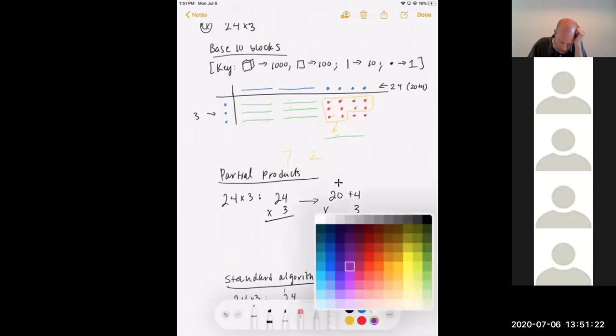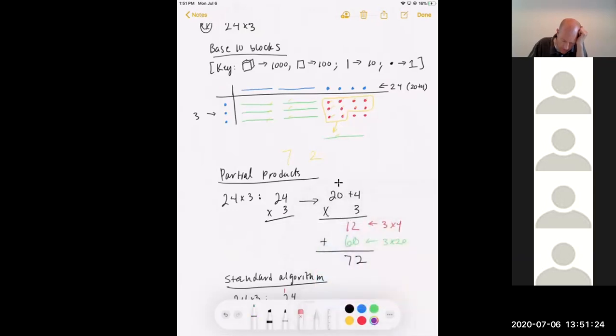Do purple connections. My 3 times 4 is the first thing I did in partial products, and it's the second thing I did in the base 10 blocks. But this right here is the first thing that is done here. We can label that as number 1.